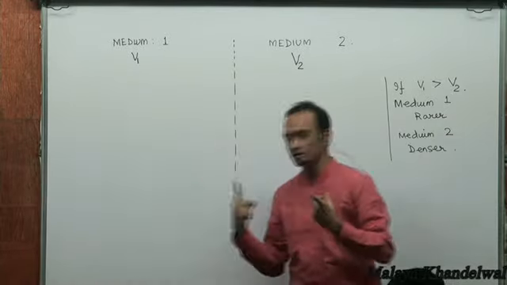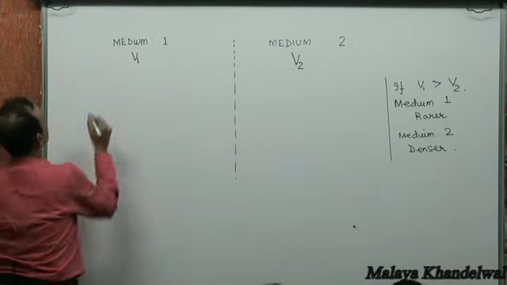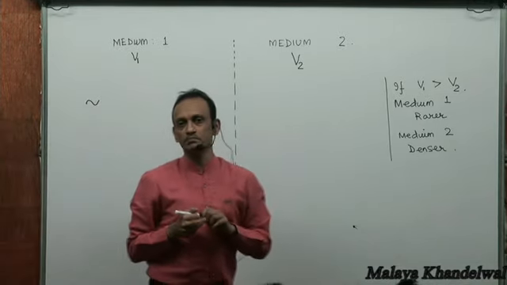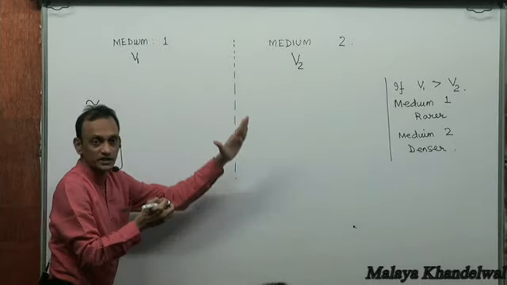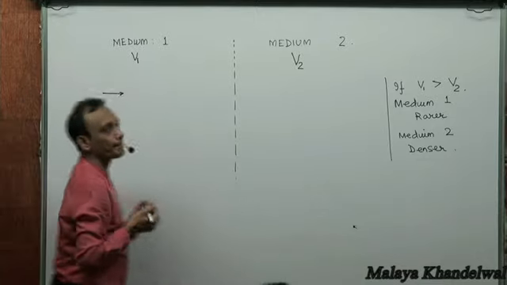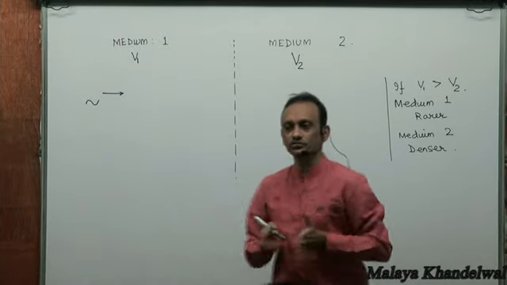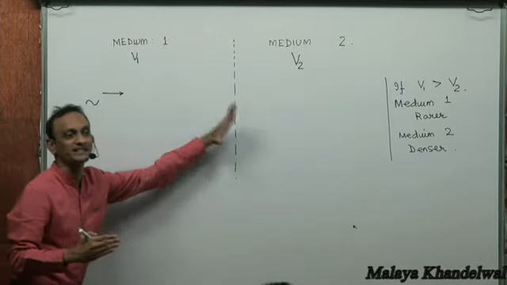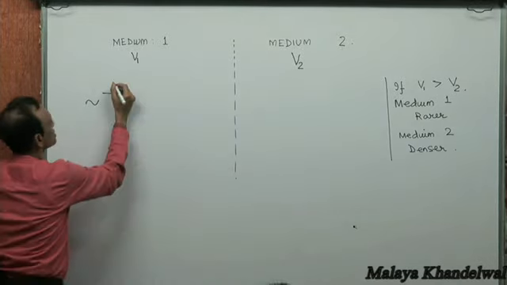Now, so let's say there is a transverse pulse traveling through this medium, and we call that pulse an incident pulse.